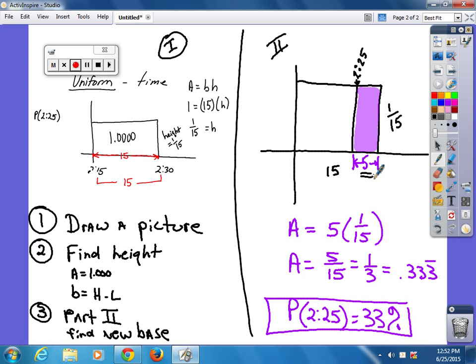And then you multiply that by your 1/15, and you get your 33%, 33.3% to be exact. So on the chapter 6 test, if I give you 20 questions, 10 of them are going to be give-me questions, and 1 or 2 of them are going to be like this.